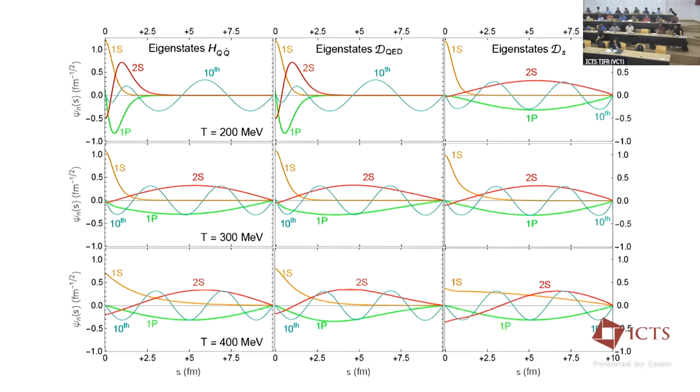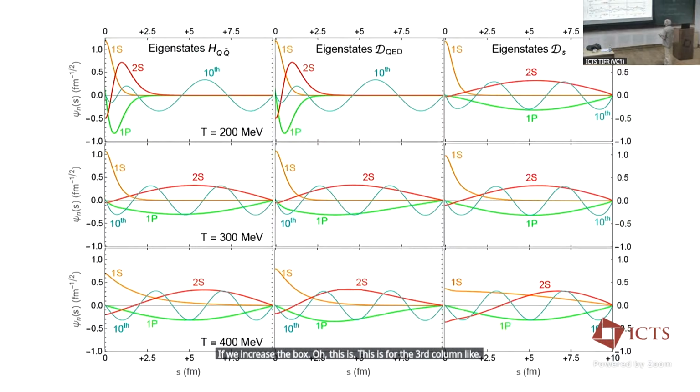If you increase the box length, does the 2s state die down? If we increase the box, oh, this is for the third column. I think we tried to increase the box, and it doesn't change much the picture.